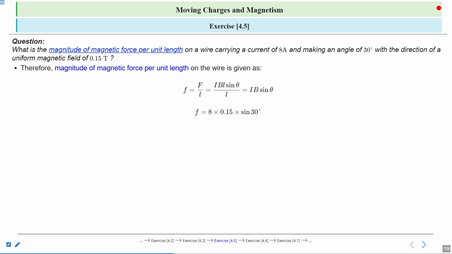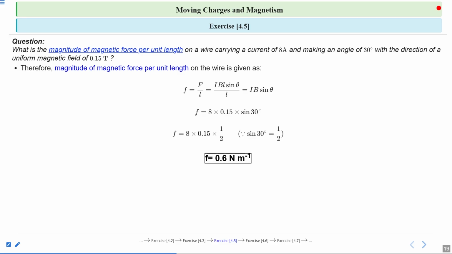So F will be equal to I, which is 8 ampere, magnetic field 0.15 Tesla, into sine 30 degree. Sine 30 degree is 1 by 2 or 0.5. So F equal to 8 into 0.15 into 1 by 2.